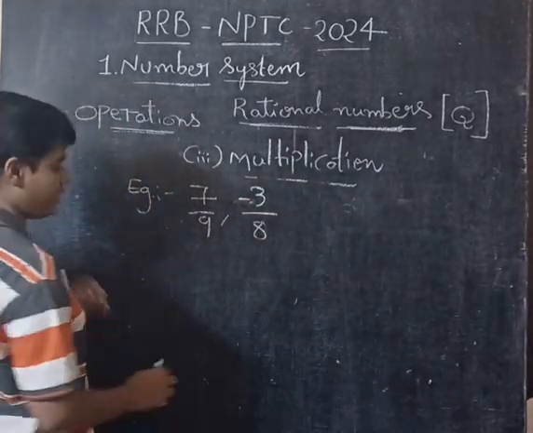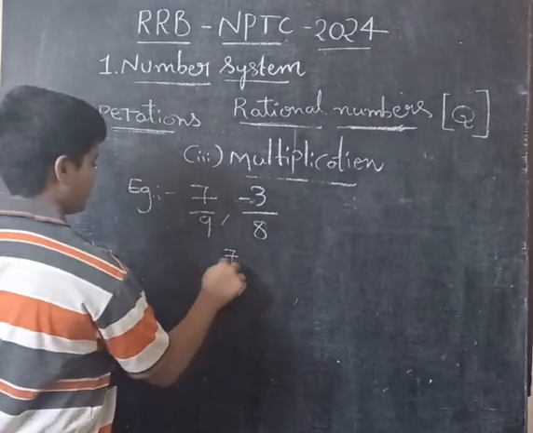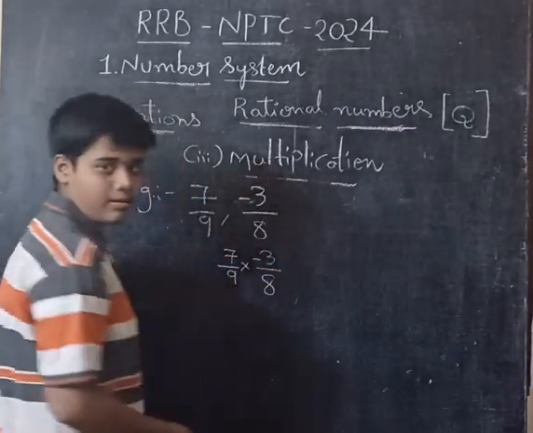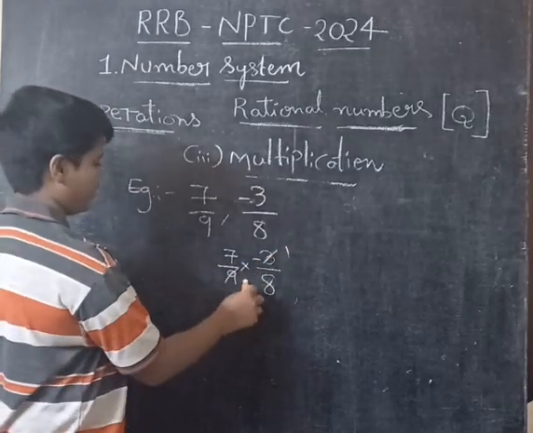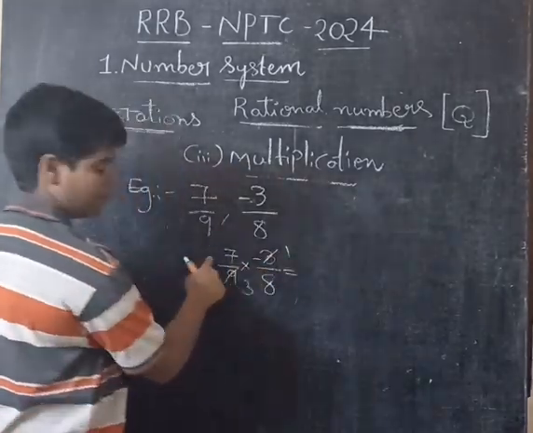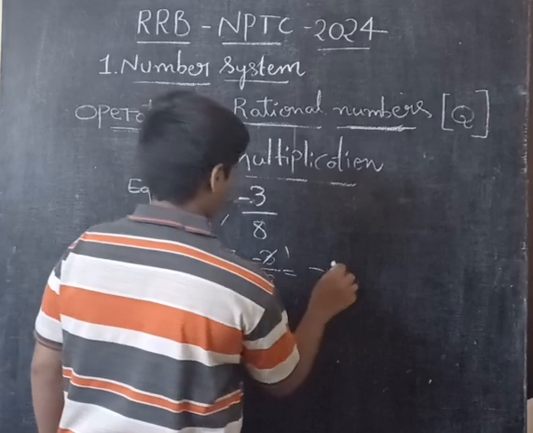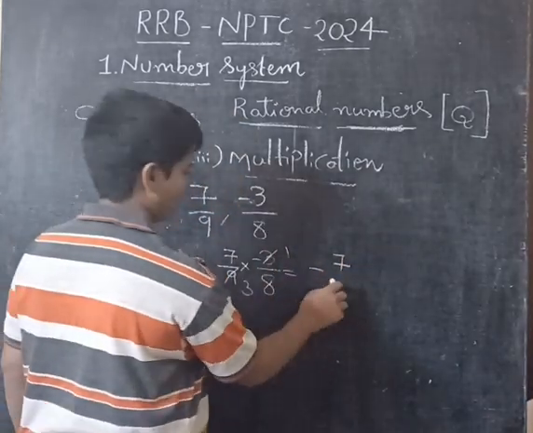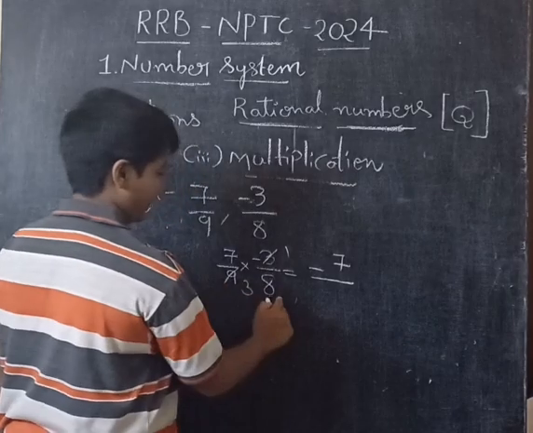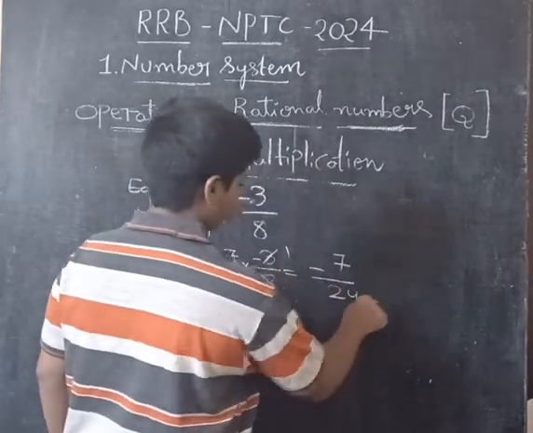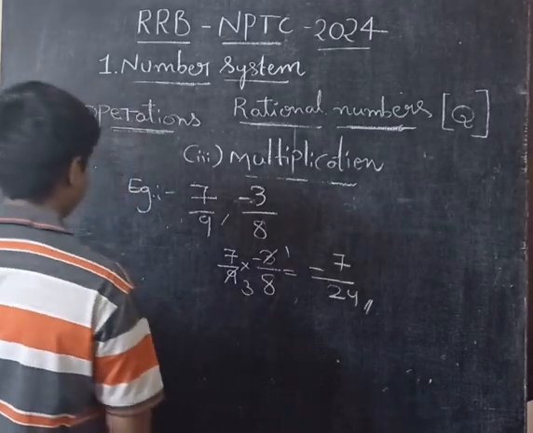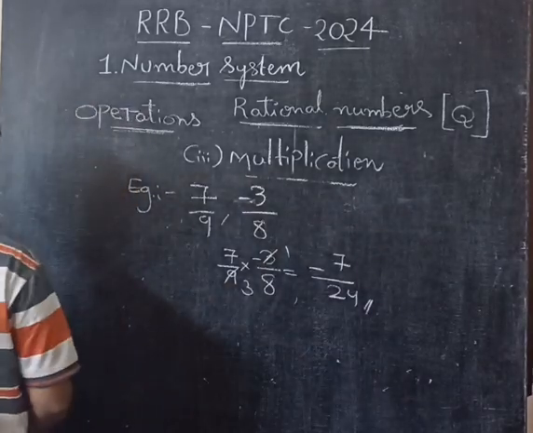If we multiply these two rational numbers, 7 by 9 into minus 3 by 8, then 3 ones are 3, and minus into plus is minus. So minus 7 ones are 7, minus 7 by 3 eights are 24. So this is the multiplication answer. This is the third operation, multiplication.